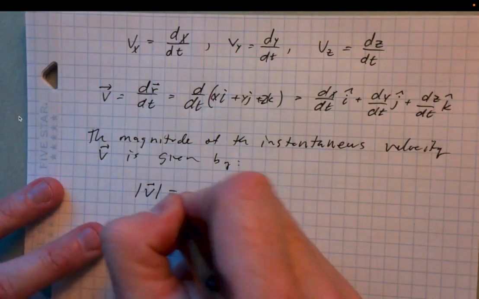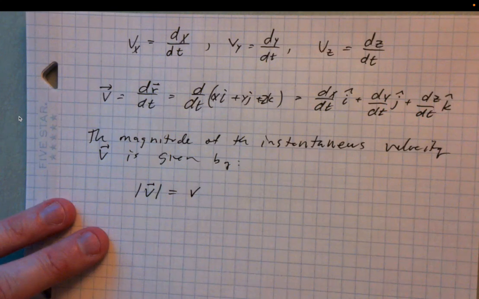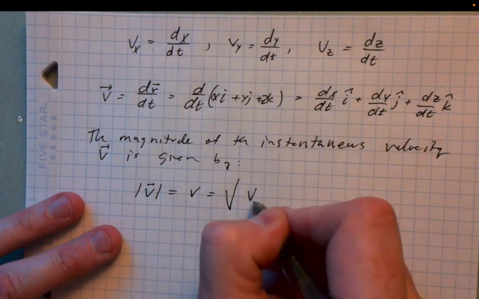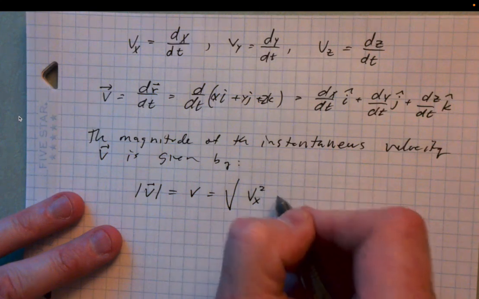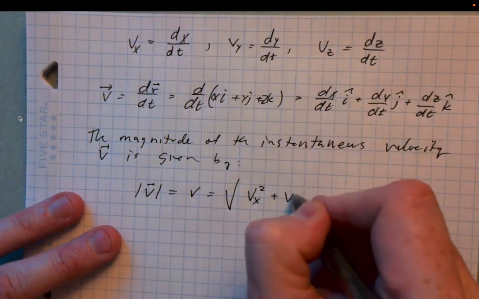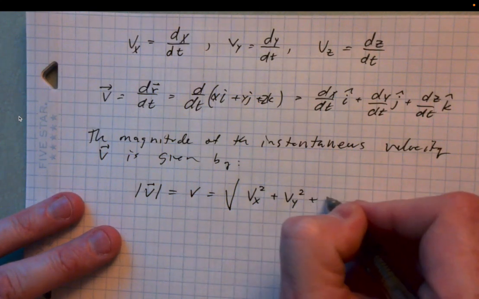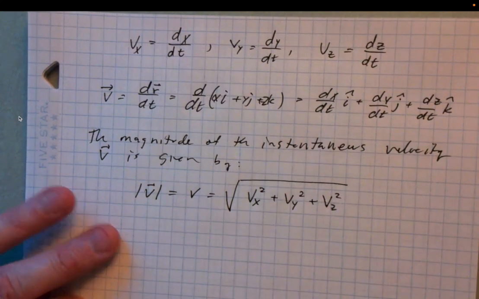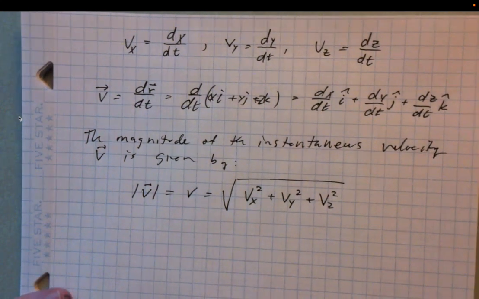So it's equal to that, and we sometimes just denote it as v. And it's equal to basically the x component of velocity squared plus the y component of velocity squared plus the z component of velocity squared. Take the square root. Just like that.